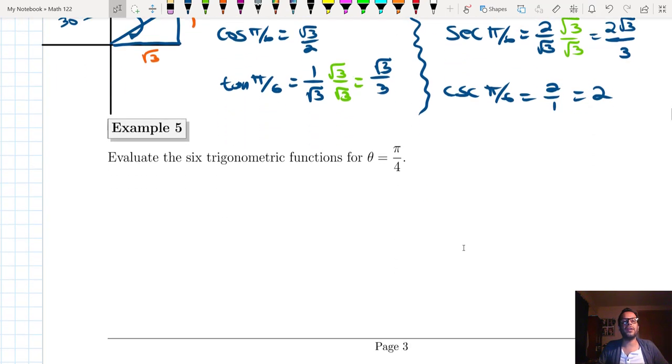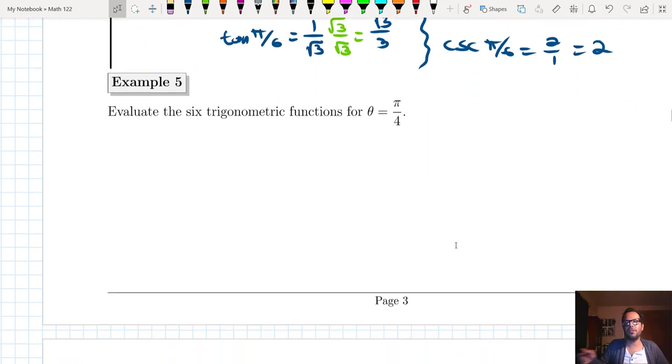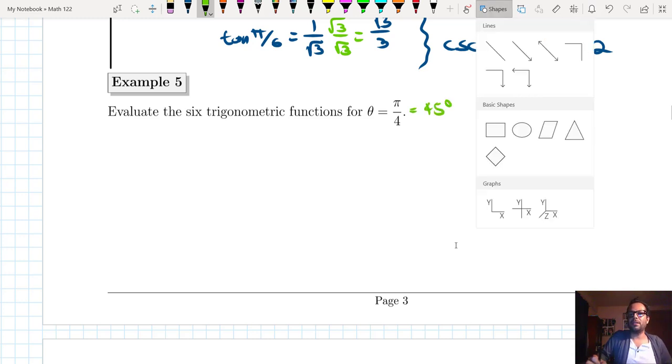example. Now let's evaluate the 6 trigonometric functions for pi over 4, which is, by the way, 45 degrees. Okay, all right.